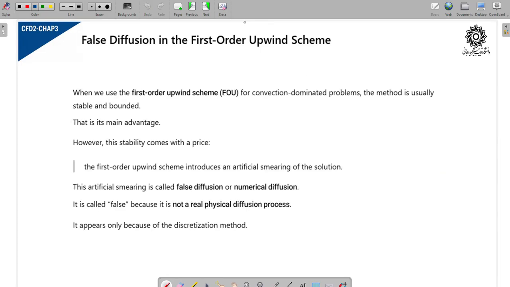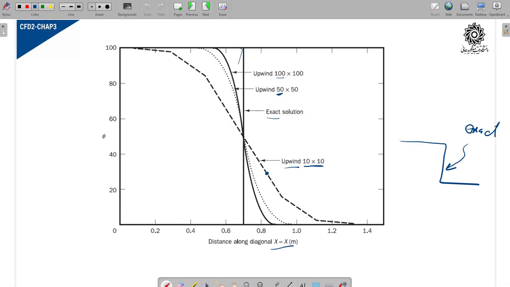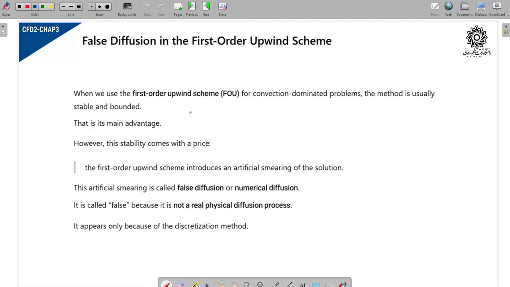Okay. This is due to the first order accuracy of the first order upwind scheme. False diffusion in the first order upwind scheme.